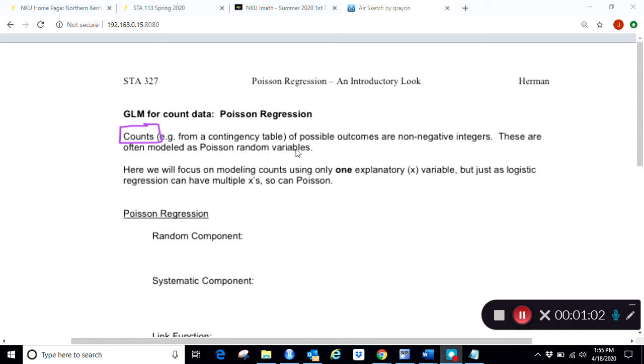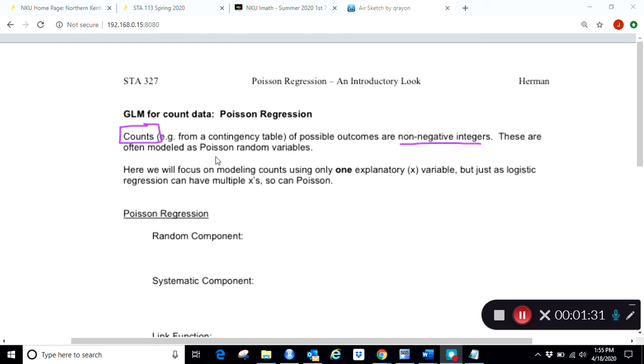Counts can come in a contingency table, and they have to be non-negative integers. One of the biggest ways we can model this is through the Poisson distribution, which models the number of successes or occurrences during a certain time frame. And so Poisson regression is what's going to be done here.